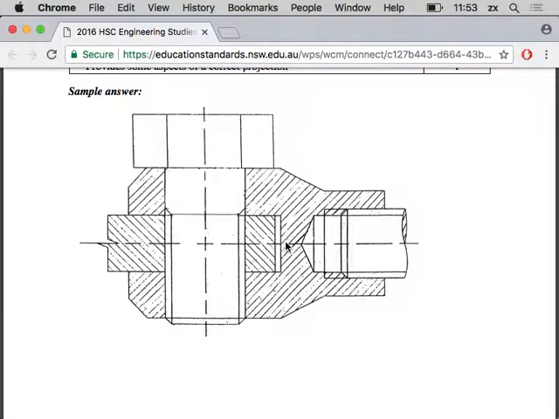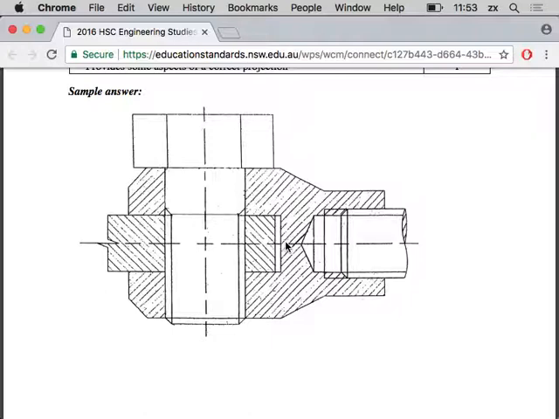Okay, first of all, one thing I have a problem with in this HSC, and I think I talked about this when we went through these drawings in the album, is that you need to see a clear differentiation between light and dark lines. Now that's hard for them to do on a PDF scan. But the marker wants to see that your section lines are lighter than your dark lines.